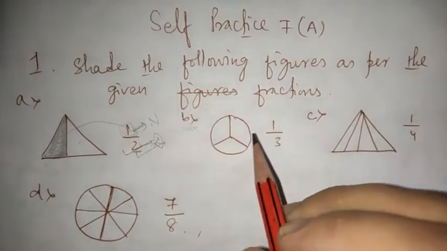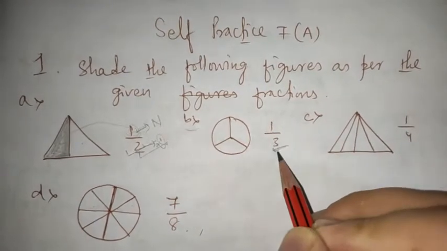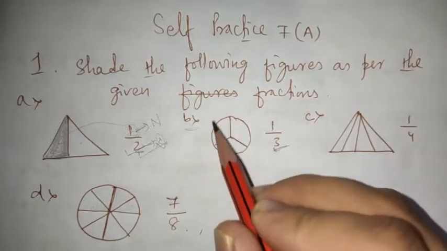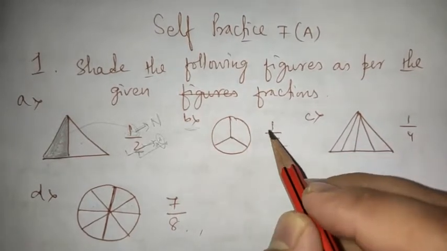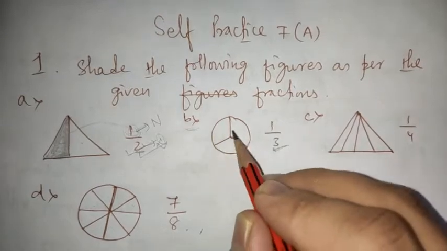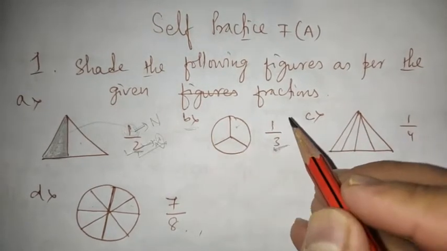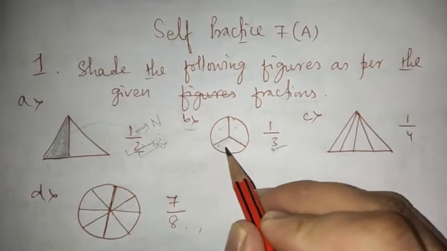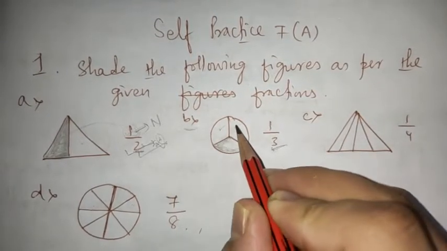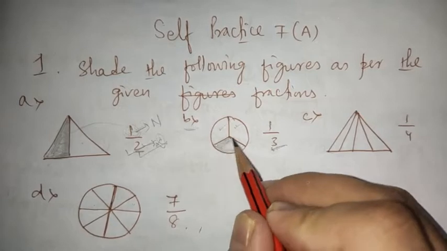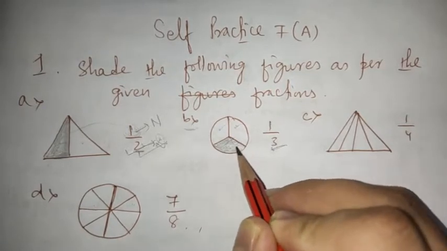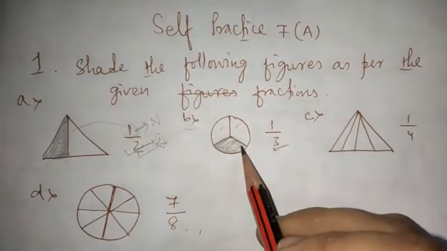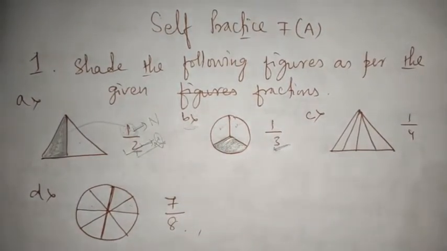Okay, so this 3 is the denominator part, which is denoting how many parts are there in a whole. Out of this, 1 part is shaded. Whichever part you like, you can shade this part or that part. I'm shading this part, I like this part. If you want to shade another part, it's your choice. Done. So out of 3 parts, 1 part is shaded.